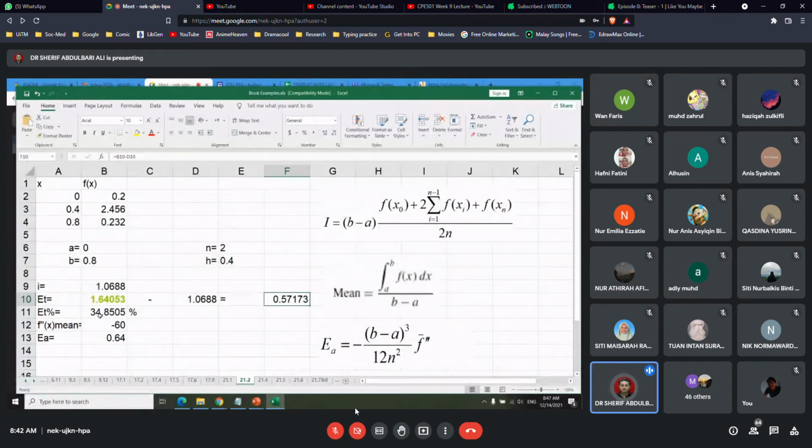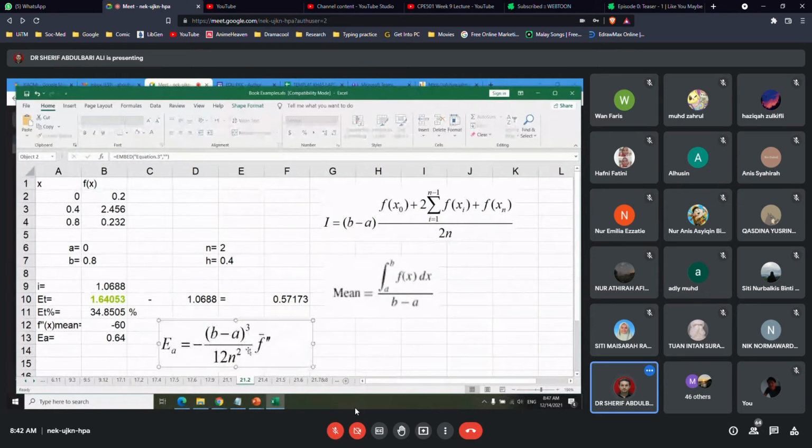Calculating the relative error is really easy. But now I want you to calculate the approximate error using this equation here. You need the mean of the second derivative of the function, which you have already found, equal to negative 60. You need to get the error, equal to 0.64. It's b minus a, 0.8 minus 0, cubed, over 12 times the number of segments, so 12 times 2 squared, times negative 60.